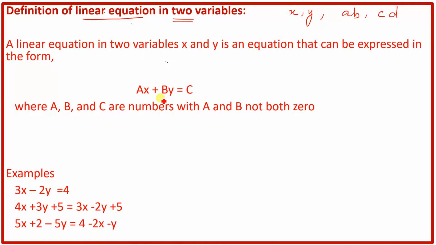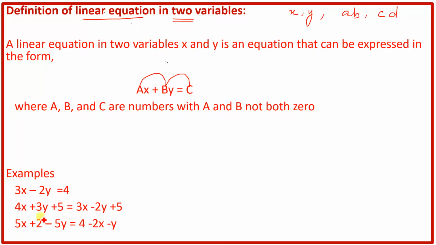Here you can write any variables, and usually it can be expressed in the form ax plus by is equal to c, where a, b and c are numbers, with a and b not both 0, because if we consider both 0, then multiplying any integer by 0 gives 0. So any one can be 0 but not both.